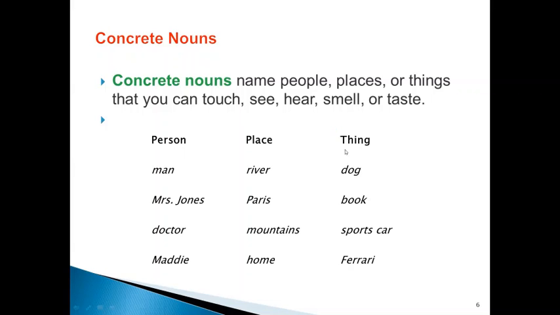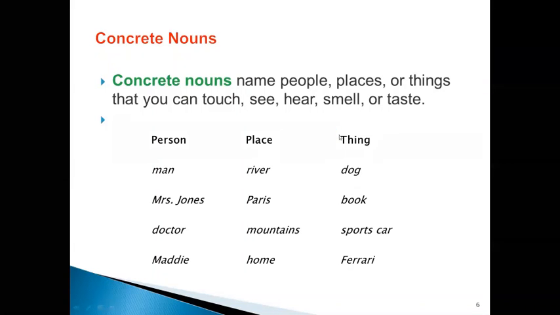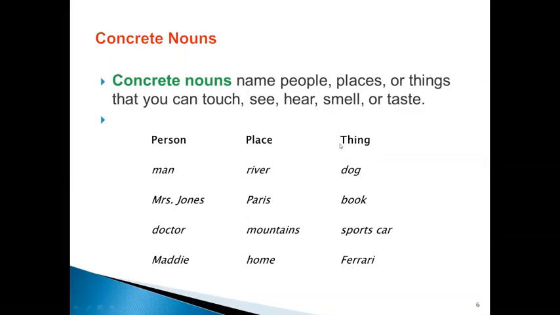Also, concrete nouns name things like what? Animals or objects. Animals like dog, book, or even sports car, Ferrari, or some other forms. All of them here are known as concrete nouns.